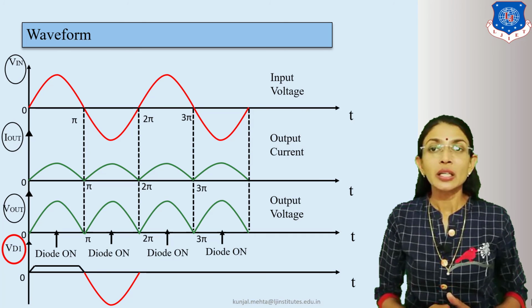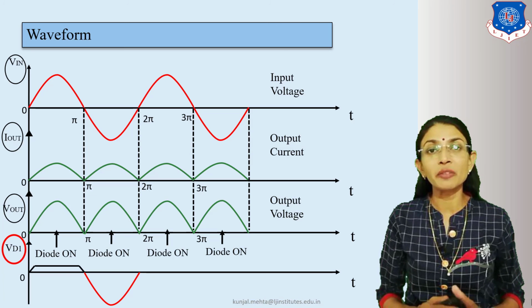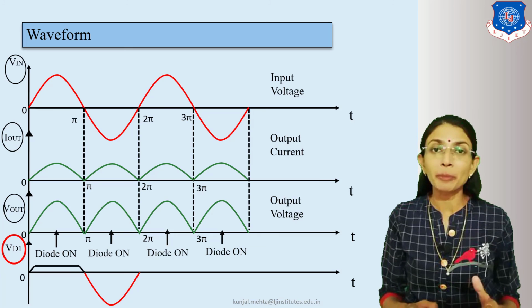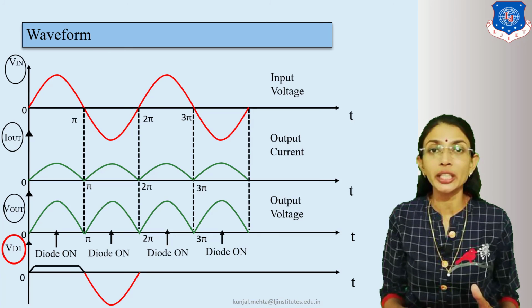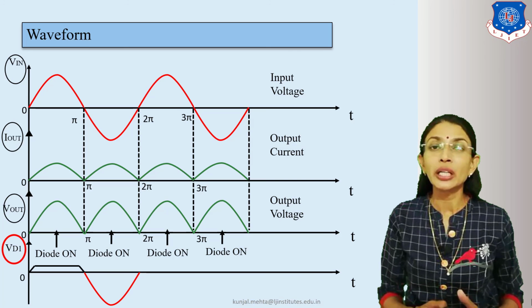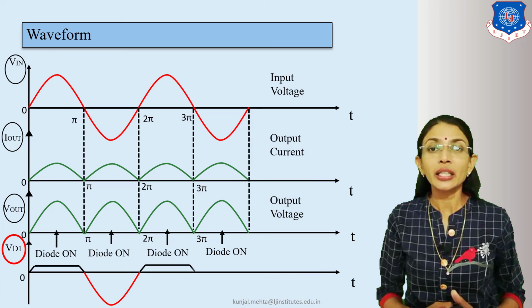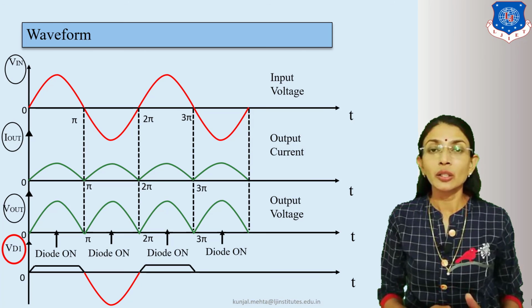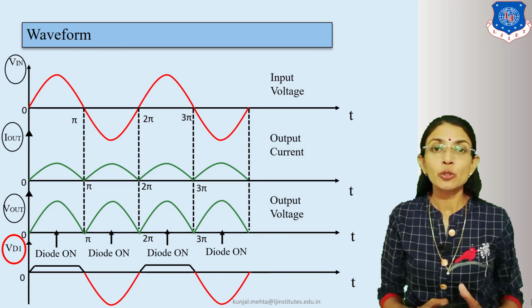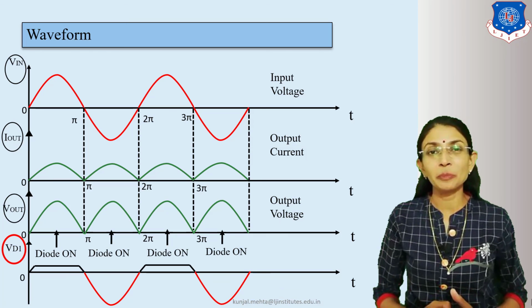So during positive half cycle D1 is forward biased, so the voltage is ideally 0, but practically it is 0.7 volt if it is silicon, and during negative half cycle D1 acts as an open switch, so the voltage equals the input. Again during positive half cycle, we'll get practically 0.7 volt, and during negative half cycle D1 behaves like an open switch, so the voltage follows the input.